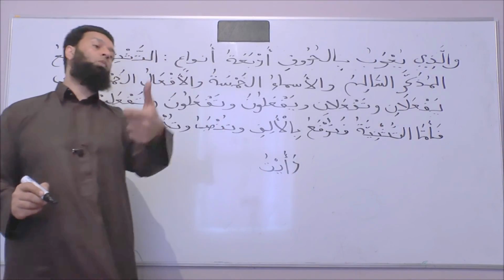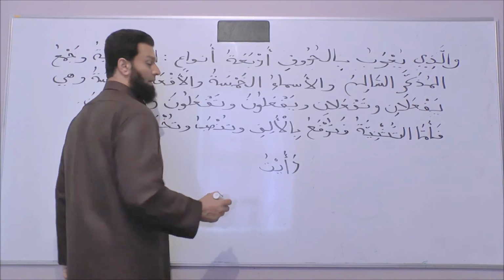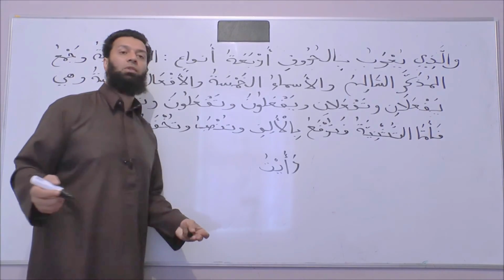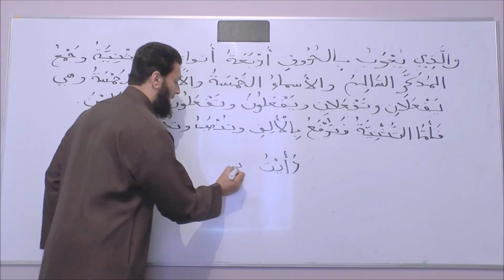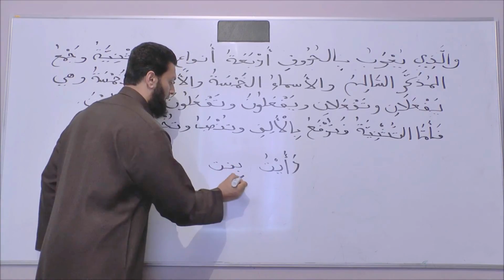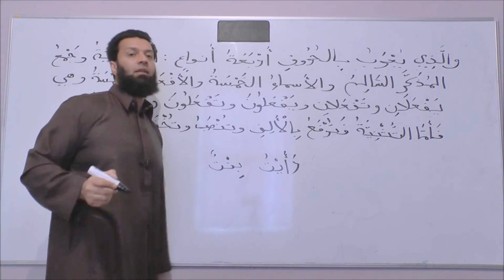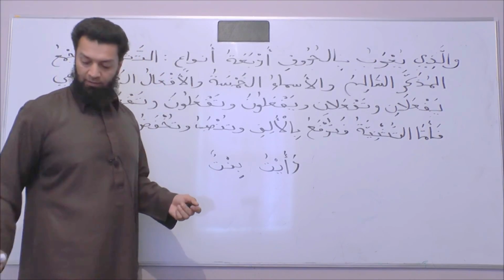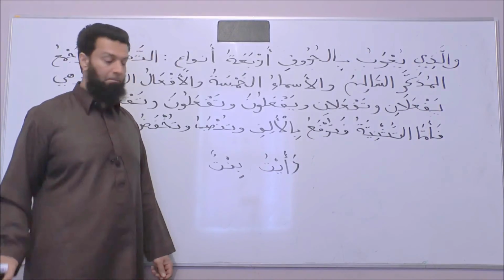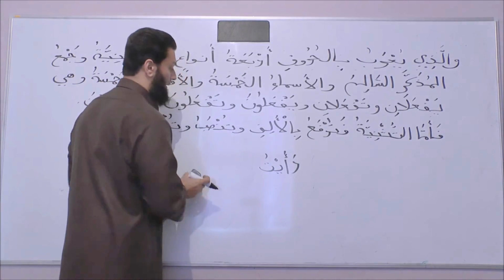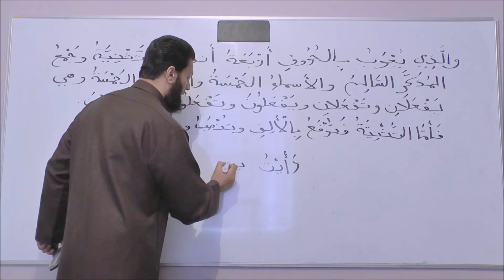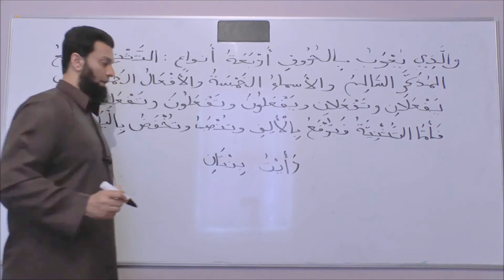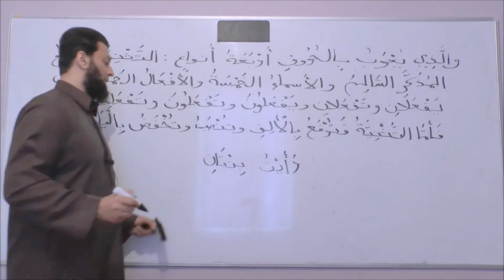Two children. What's one child? Bint. You could say two girls or two daughters. So bint is a single girl or daughter. What's two daughters? Bintani. And you said two students. No, the student.